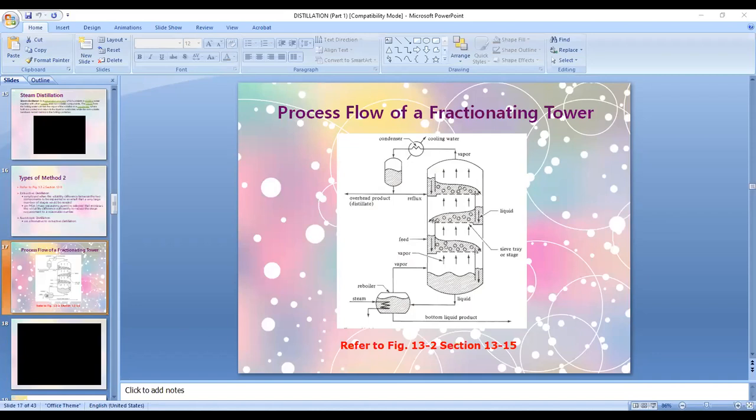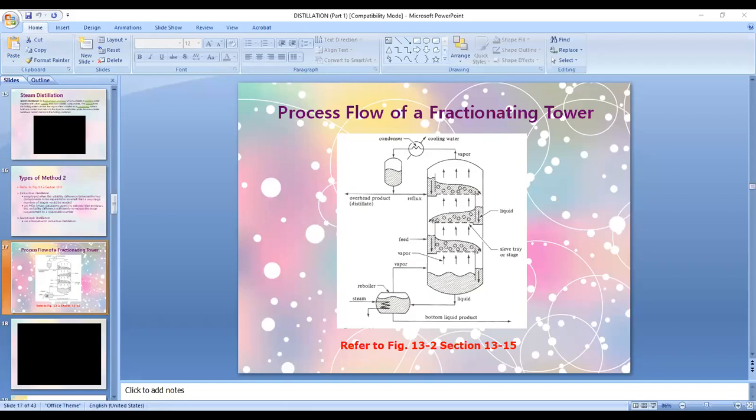So you have the feed here, the vapor goes up from the liquid that was collected here and partly boiled up back into the column now in the form of vapor. The rest of the liquid is withdrawn as the bottom's liquid. Now, this is your reboiler responsible for converting a part of the liquid collected here into vapor. So this vapor flows upwards, flowing countercurrent to the liquid that flows downward.